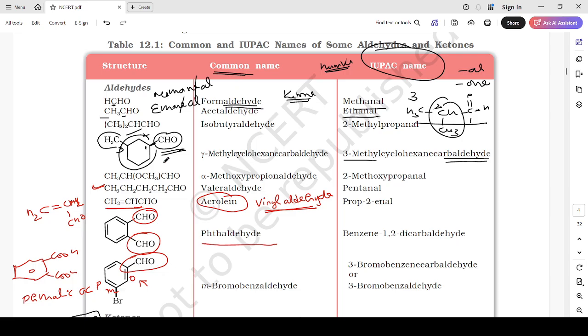Okay, next one. CH3, CHO, CH3, CHO. 1, 2, 3. At the second carbon, what do you have? Methoxy. 2-methoxy. Totally how many carbon? 3 carbon. It's an aldehyde, propanal.